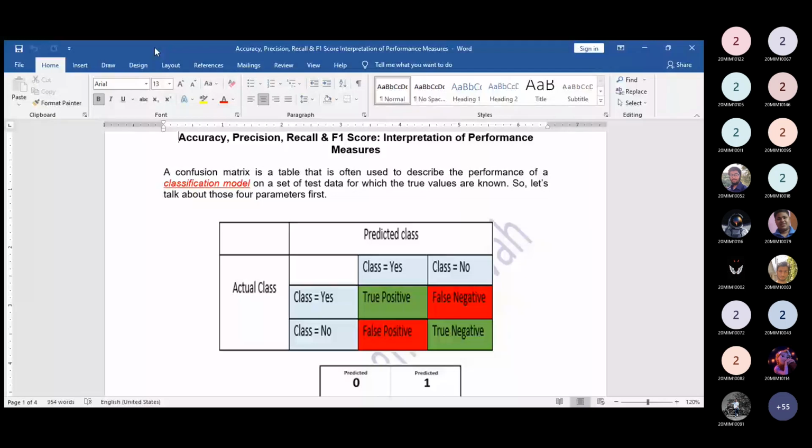Tomorrow your result will be declared. As a teacher, I know the actual fact, but as a student, there will be two cases: you may pass or you may fail.